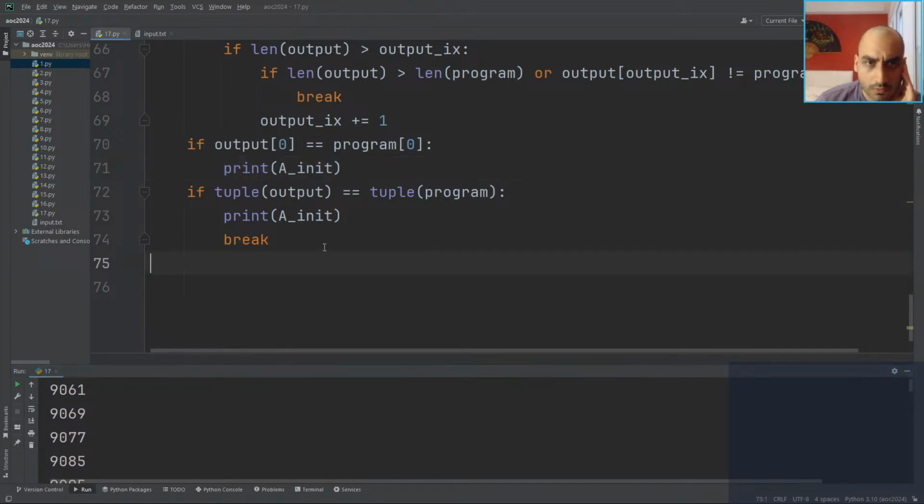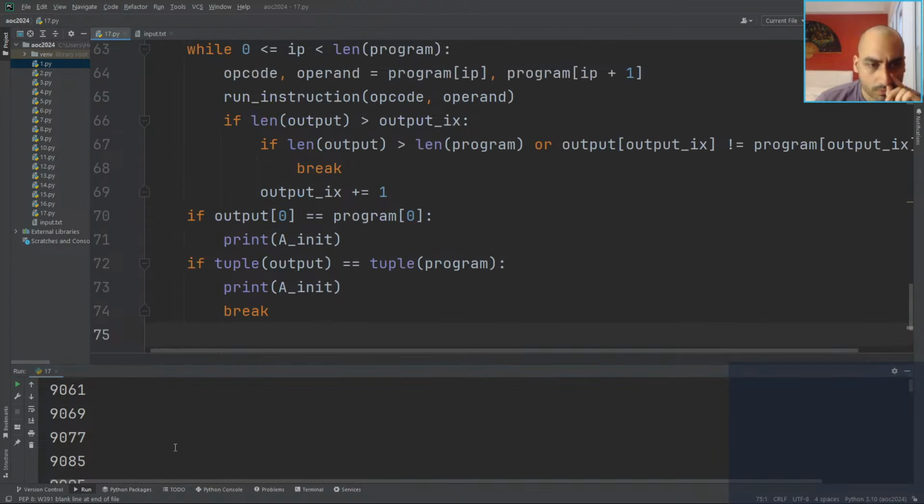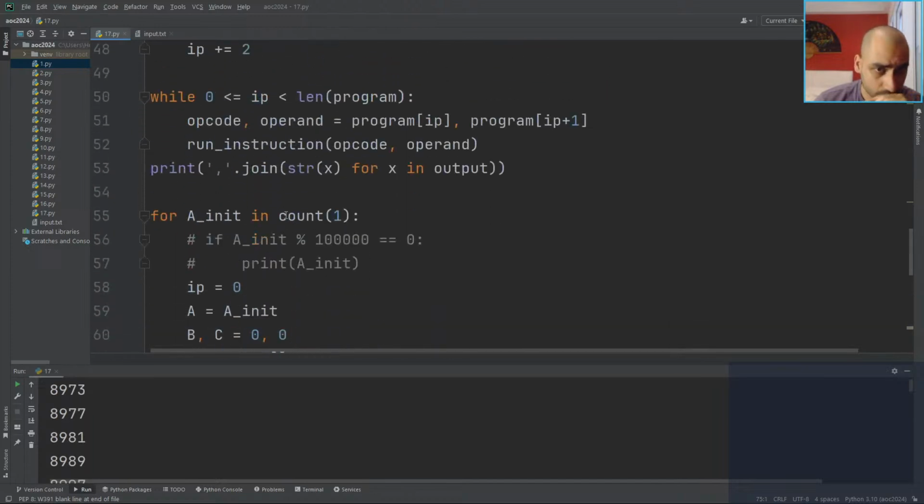Don't know. I don't see any real pattern here.